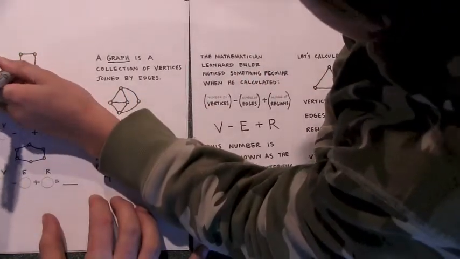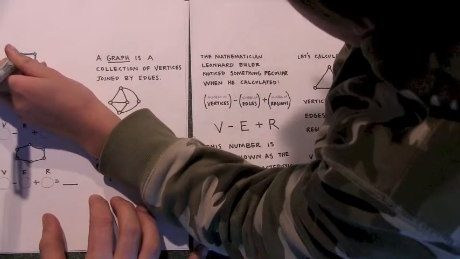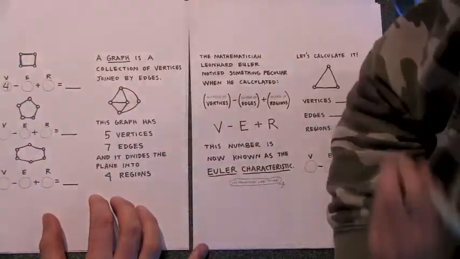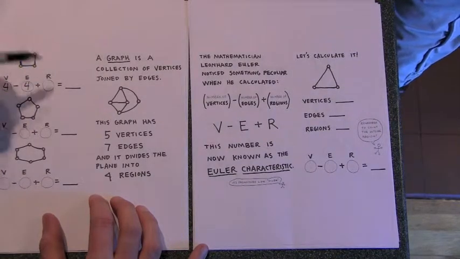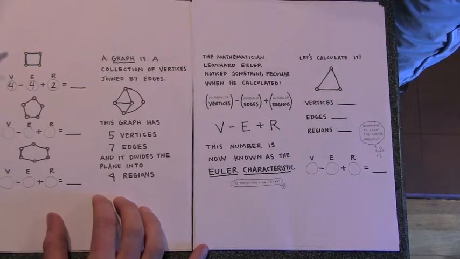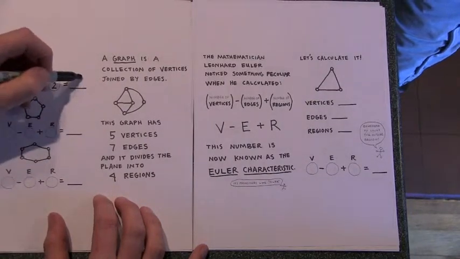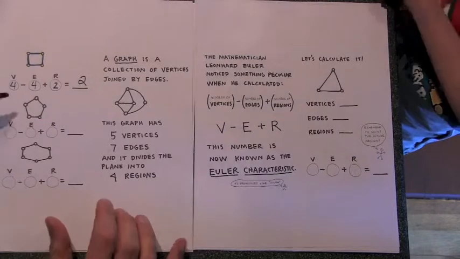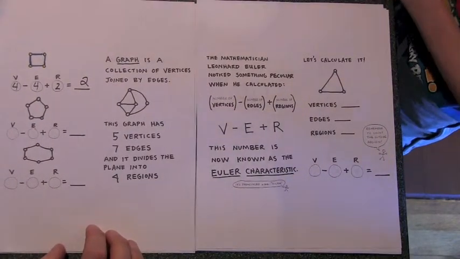We'll need another color for the regions, but that's okay, we can just count them. So 4 minus 4, and how many regions are there? There are 2 regions. So we get 4 minus 4 plus 2, which is 2.